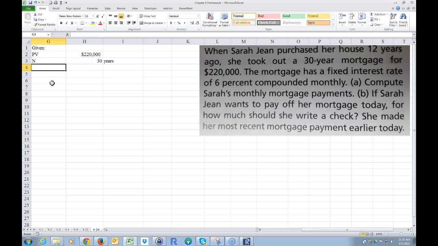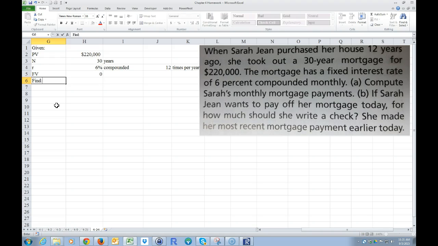Okay. And the interest rate, R, is 6% compounded 12 times per year, right? And then we have a future value. We want the future value to be 0.